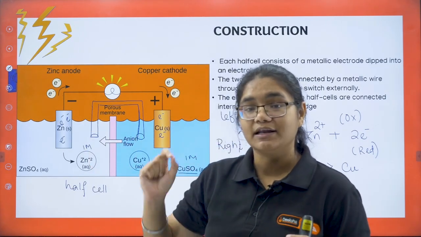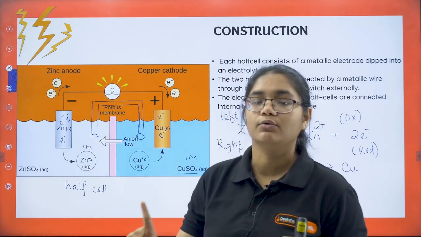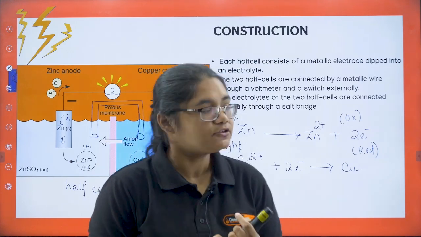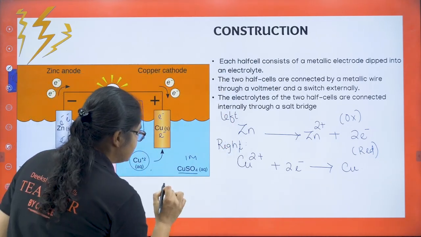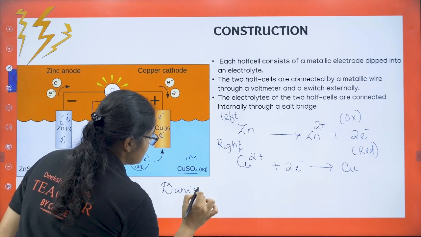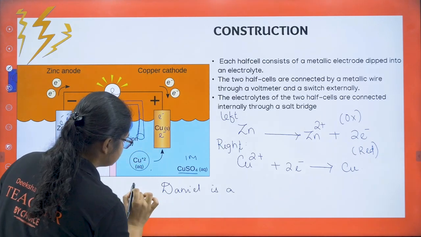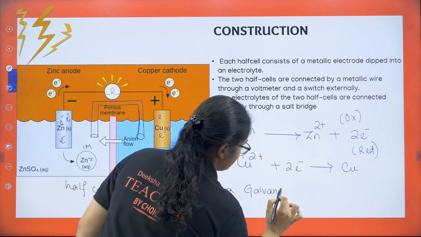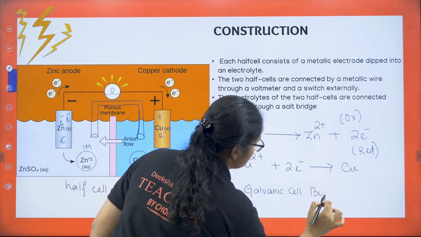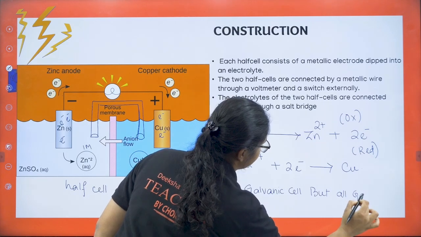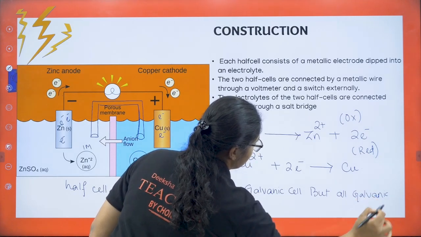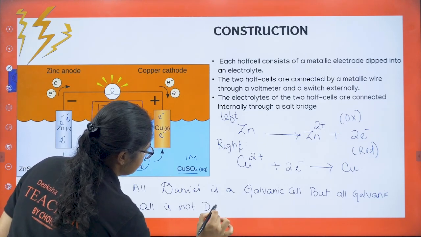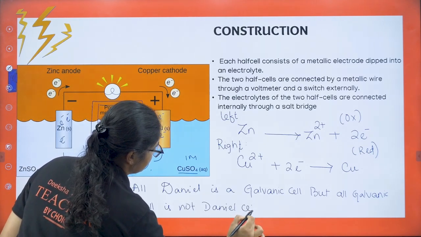Now if I have this particular combination of zinc and copper, then only we will call it a Daniell cell. Any other combination we will call a galvanic cell. So I have a conclusion here that all Daniell cells are galvanic cells, but all galvanic cells are not Daniell cells, right?